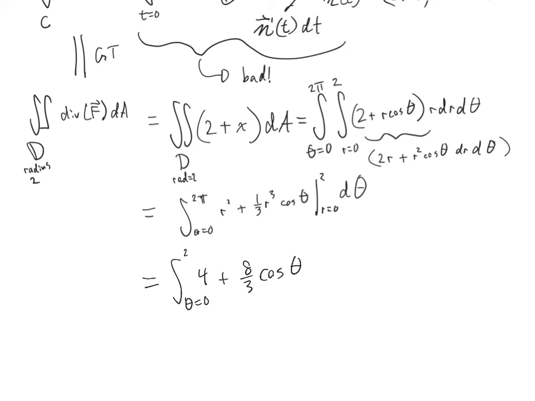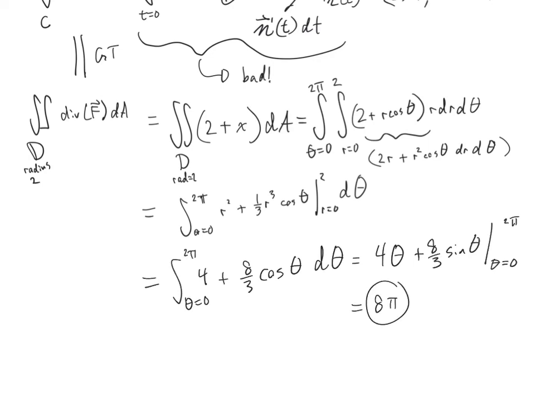Theta goes from 0 to 2 pi, d theta. So I'm going to get 4 theta plus 8 thirds sine theta, as theta goes from 0 to 2 pi. At 0 and 2 pi, sine is equal to 0. So I just have 4 times 2 pi minus 4 times 0, which is 8 pi, which is pretty nice. That's how much flux there is, 8 pi flux.